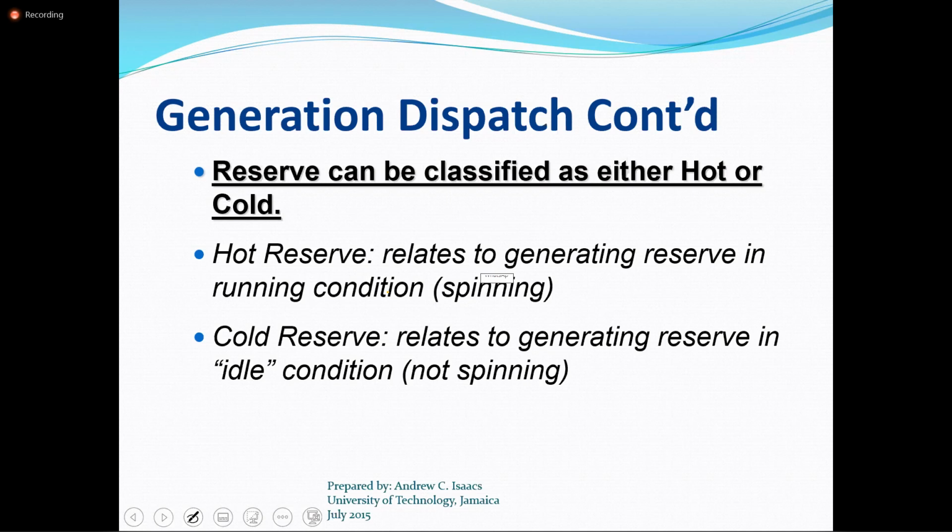We also say that they're hot, meaning that they are in operation, right? So the hot spinning reserve means that they are connected to the system, they're in operation, and then if you have significant demand or significant growth in the demand, these units will be able to supply the additional load.